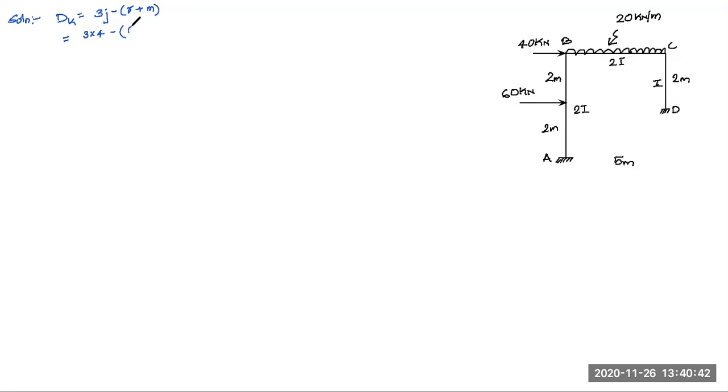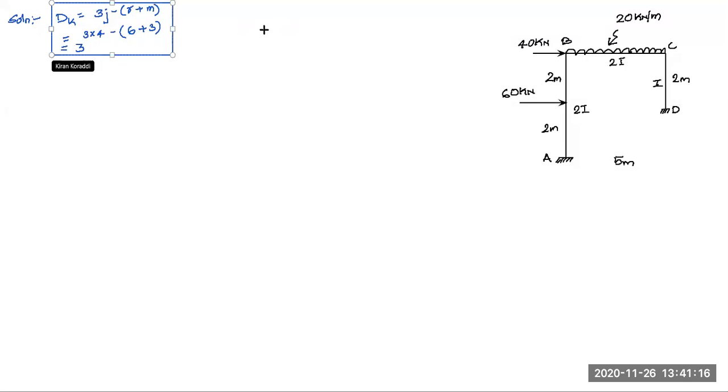So 6 reactions are existing, plus all three members are axially inextensible, that is, axial deformation in members AB, BC and CD is neglected. So 12 minus 9 comes out as 3. From this equation you can find out the degree of kinematic indeterminacy.